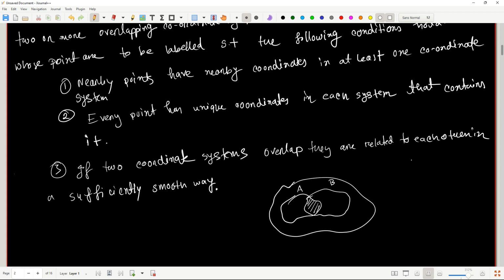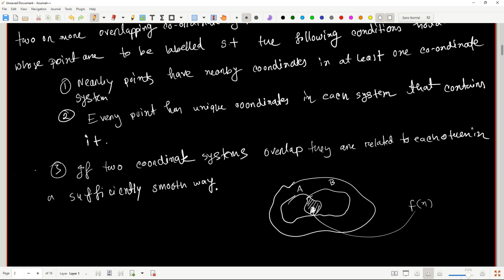Now, as I was saying, I can construct a function in this overlapping region. If these two are not related to each other in a smooth way, what might happen is that if a function, let's say some f of x, which lies in this common region, might be differentiable in A, but it might not be differentiable in B. So that won't make any sense.